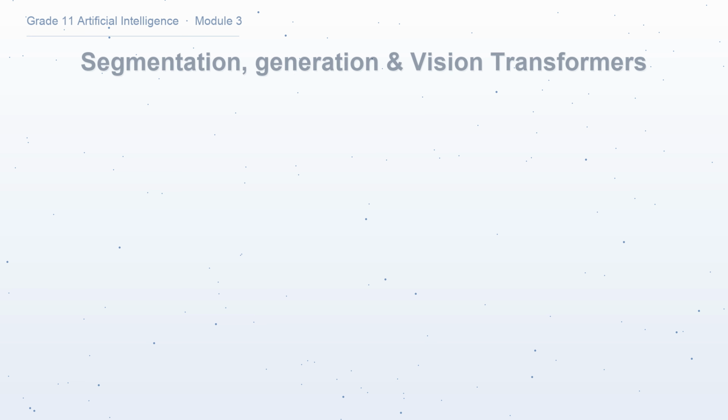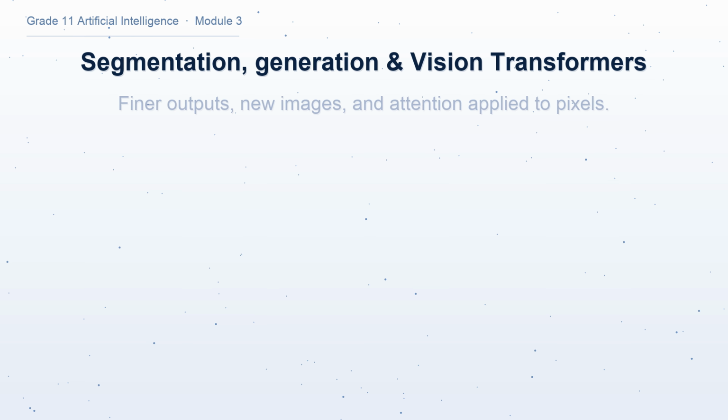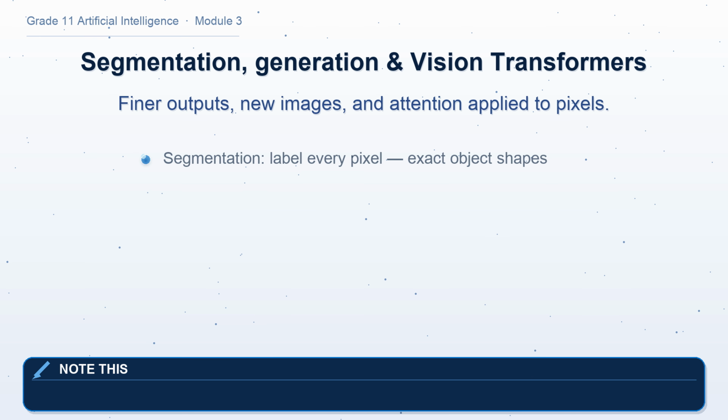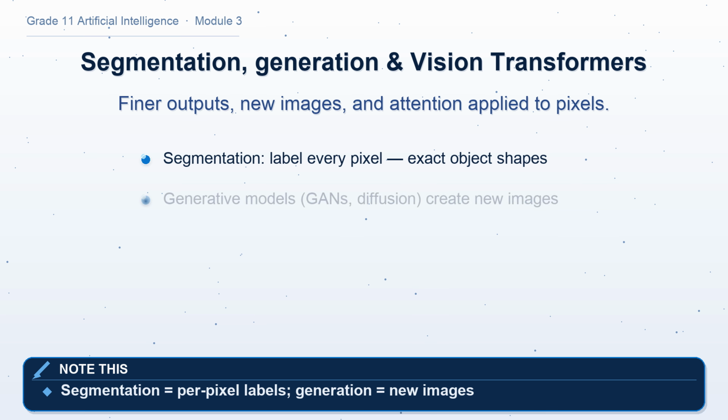Three more ideas extend what vision models can do. First, segmentation labels every pixel, so instead of a rough box, we get the exact outline of an object. This matters when shape is the point, such as measuring a tumor or a leaf. Second, generative models, like generative adversarial networks and diffusion models, create entirely new images rather than reading existing ones.